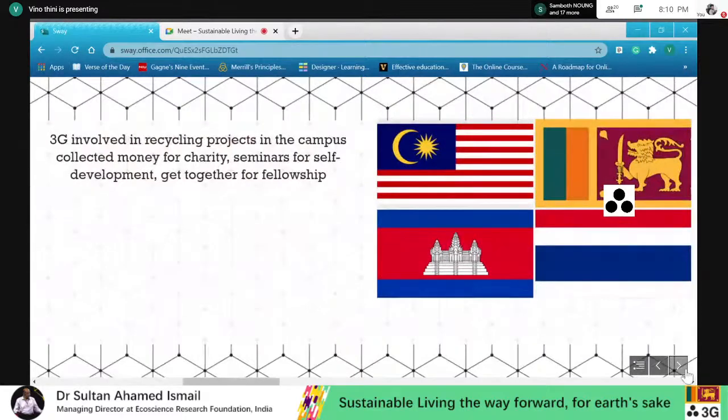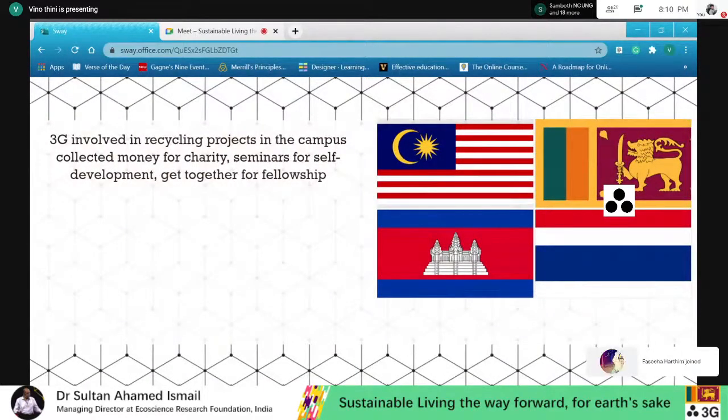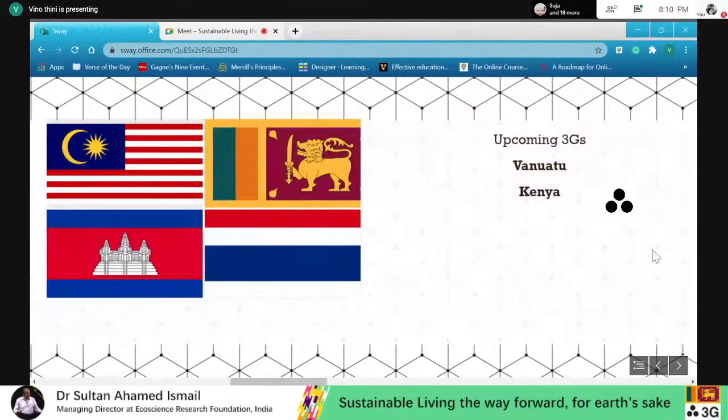At the moment, we have active participation of 3G from Malaysia, Sri Lanka, Cambodia, and Thailand. We also have other 3G countries already set up, just waiting for us to start with them. Two countries are upcoming and under discussion, Vanuatu and Kenya.